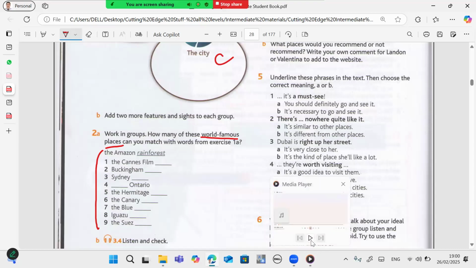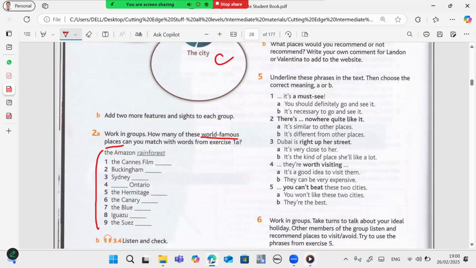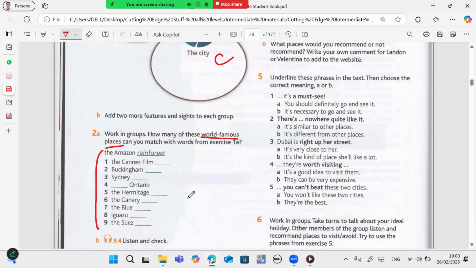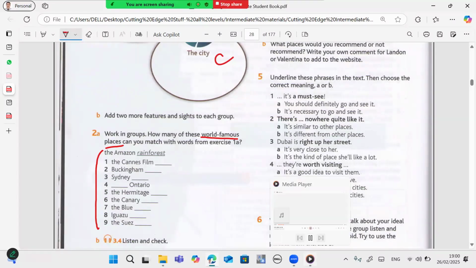Okay? Now listen again. Unit 3, Recording 4. I'll stop after each one, guys. Example. The Amazon rainforest is the largest forest in the world. 1. What is the Amazon rainforest?